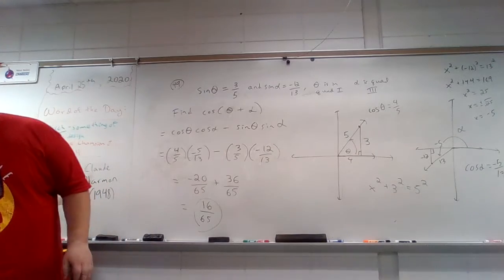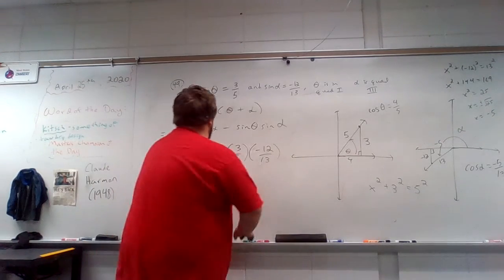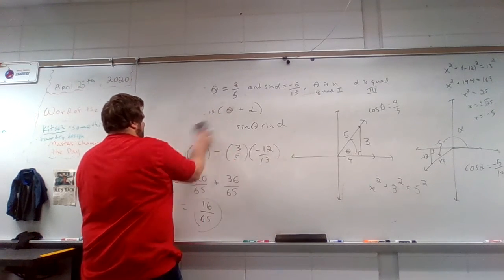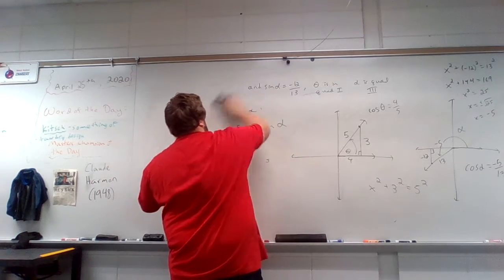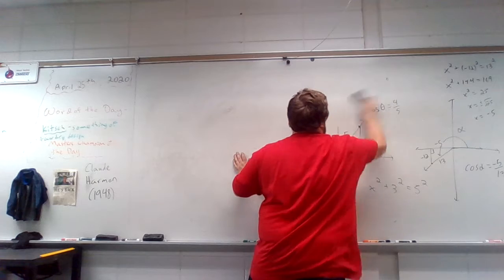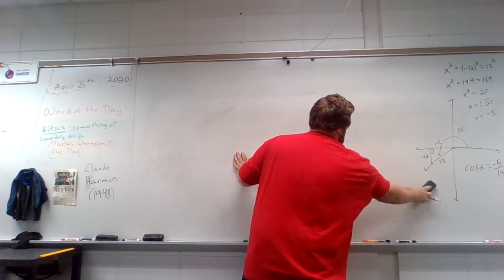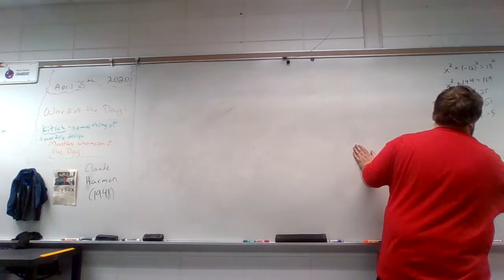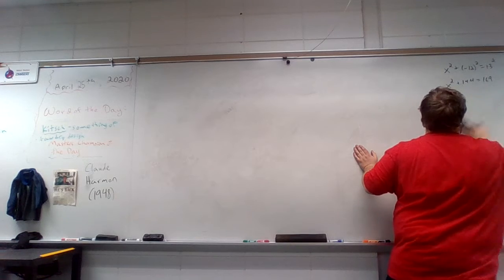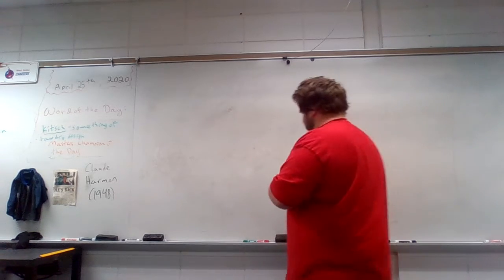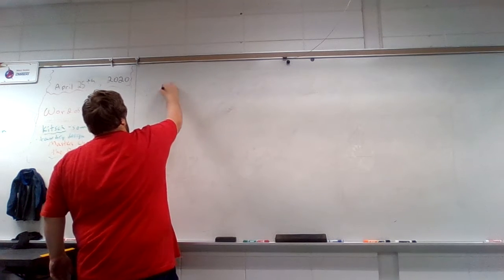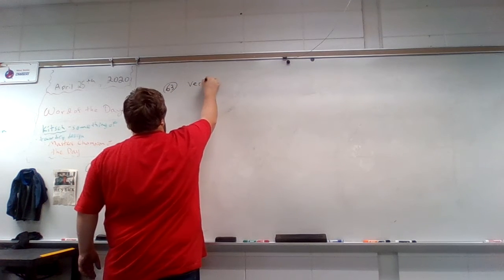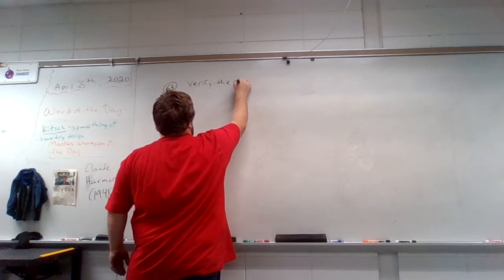And then I want to show you just kind of one identity, just to show you like an example of kind of an easy question now. So where it says 63, verify the identity.